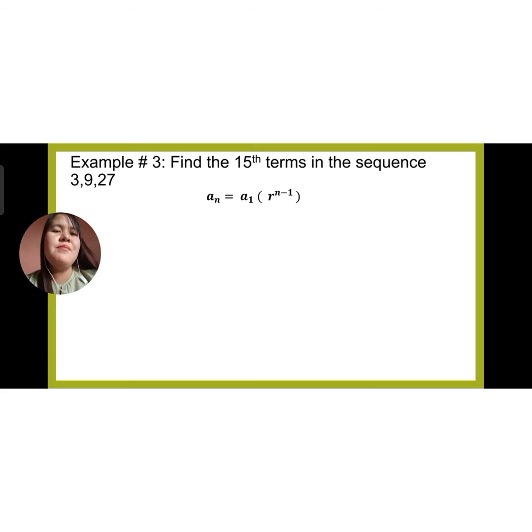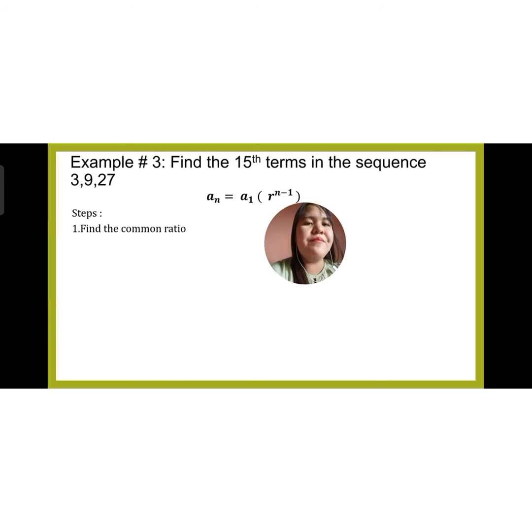Wherein, yung ating a sub n, ito yung ating hinahanap or yung last term na hinahanap. Yung ating a sub 1, that is the first term doon sa sequence. Itong r, ayan yung common ratio ng sequence. Yung n, iyon yung number of terms na hinahanap. And then, given si minus 1.